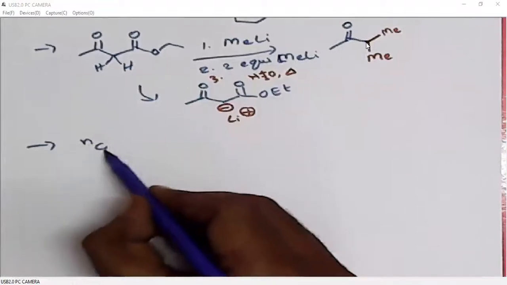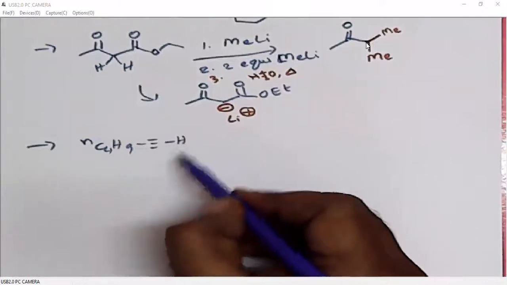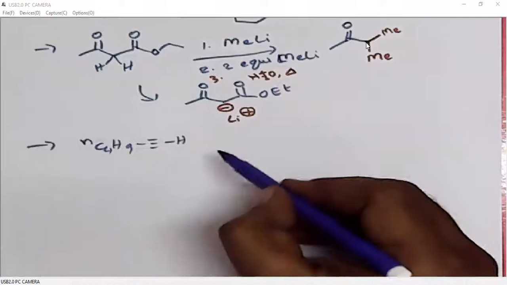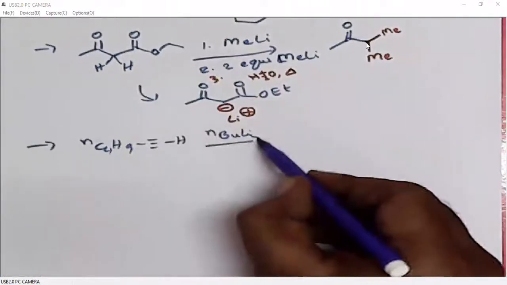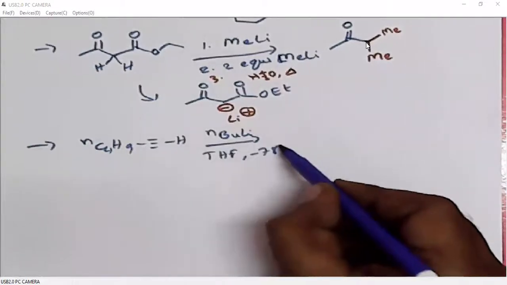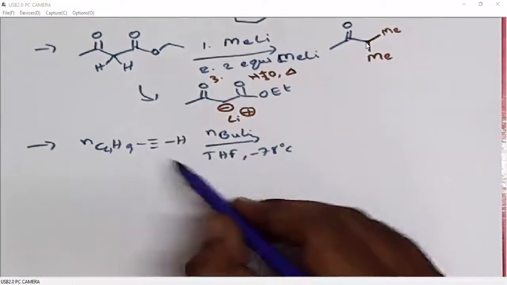Now we will discuss the generation of propargyl alkyl lithium reagents. Sorry, acetylenic alkyl lithium reagents. The acetylenic proton is acidic in nature because the negative charge on an sp hybridized carbon is more stable.